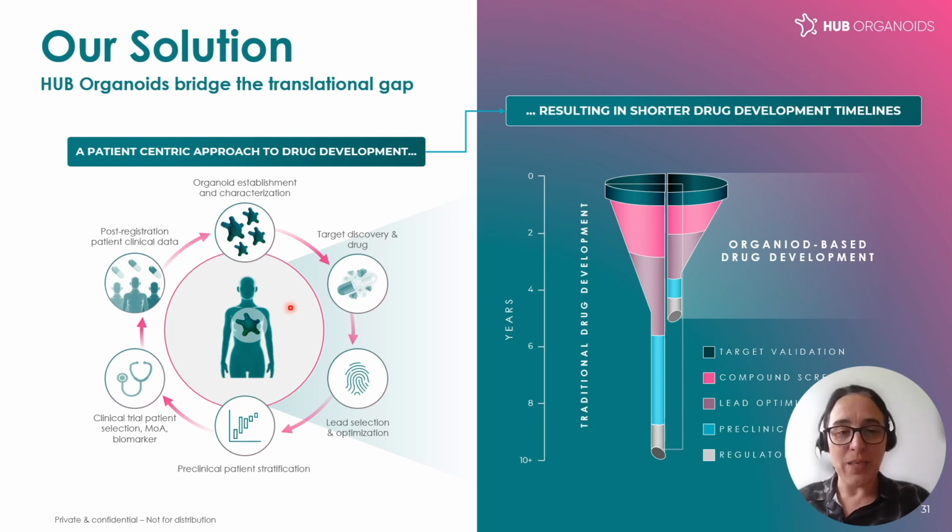We are convinced that the earlier organoids are introduced in the drug development pipeline to assess target identification, biomarkers, identification of hits, we believe that then the time and the money spent to develop a drug that moves into the clinical phase will be significantly reduced. And this is because the organoids have patient predictive value.